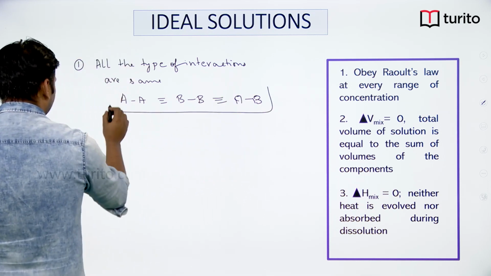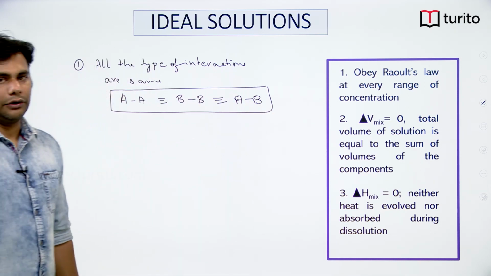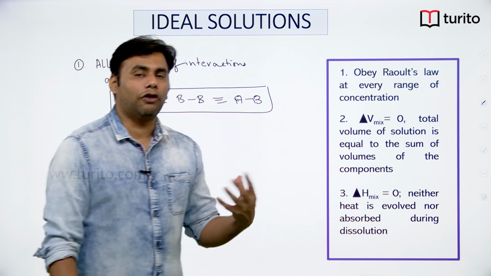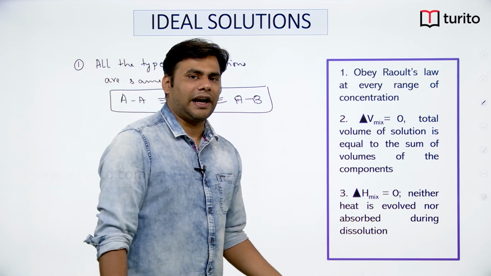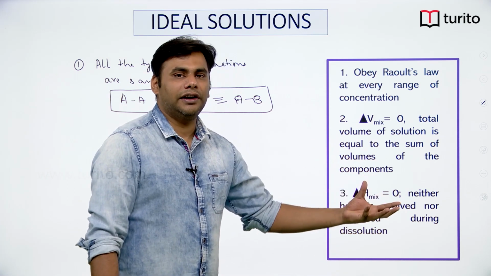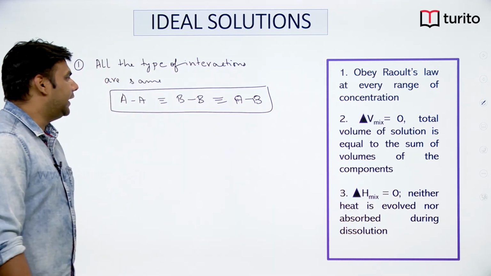So these are solutions where mixing of two liquids doesn't create any new type of interaction, their environment remains the same, their basic interactions remain the same, just like when they were in the pure state. Such solutions are called ideal solutions.